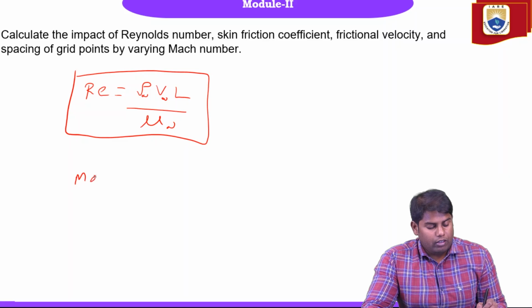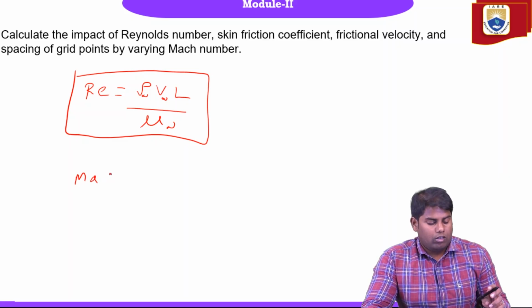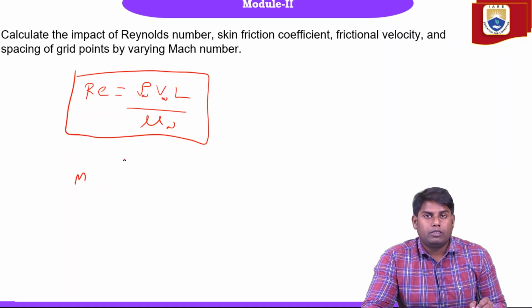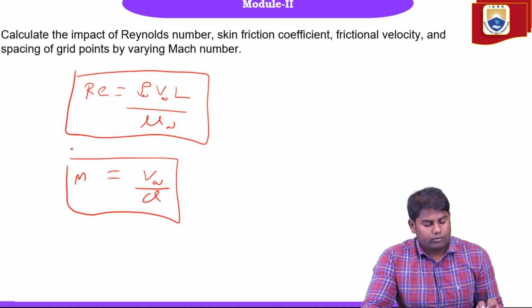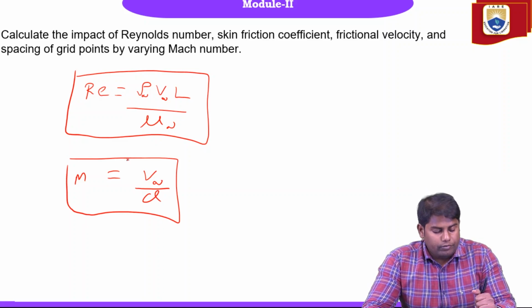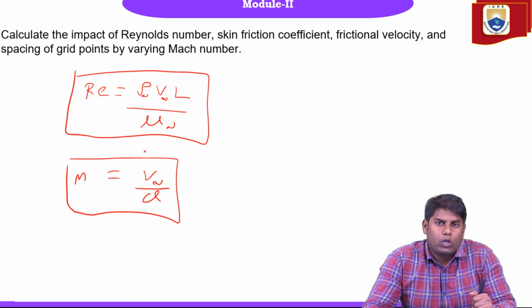Next we have the Mach number, M, which is V divided by A. Here V infinity is your free stream velocity. We can take the Mach number in two ways.